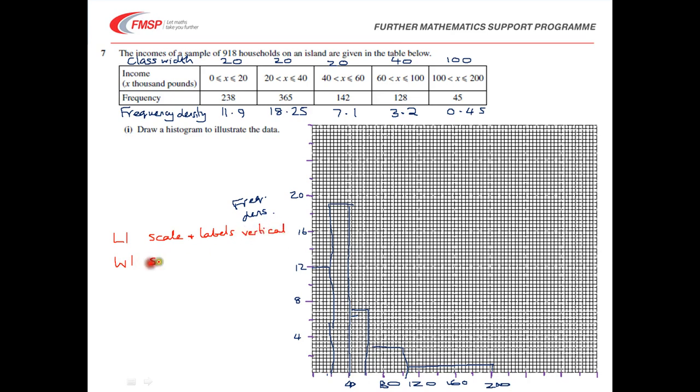There is 1 mark for the scale and the width of the bars on the horizontal axis, and there is 1 mark for the heights being correct. There are also a method mark and an accuracy mark for doing those calculations of the heights to start with. So those are your 5 marks.